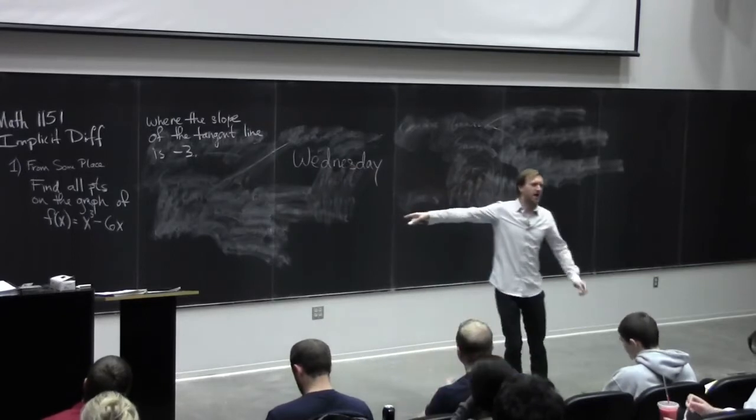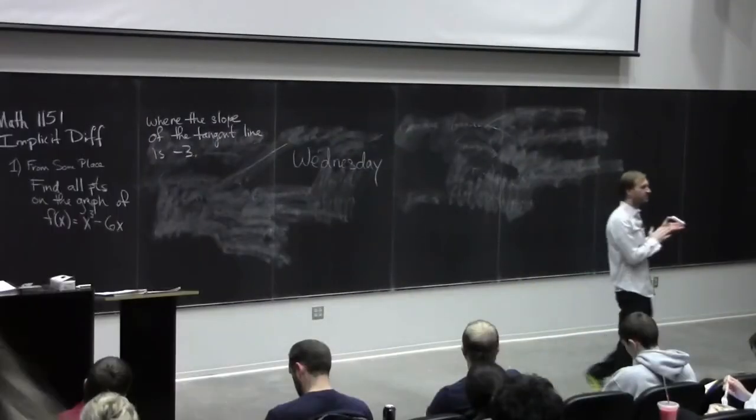Find all points on the graph of that function where the slope of the tangent line is minus 3.